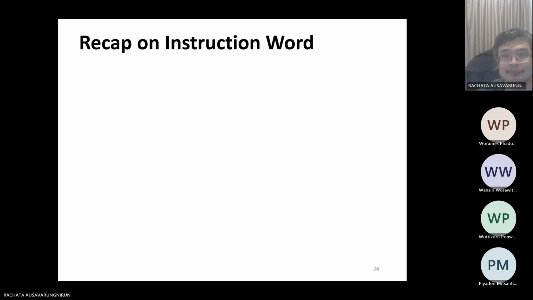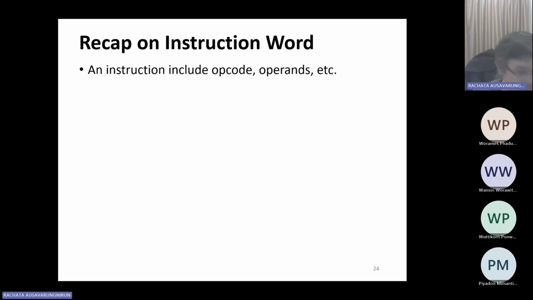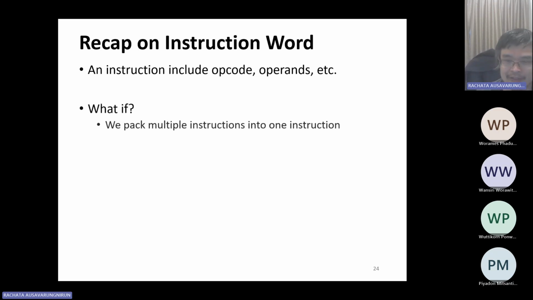All right. And going back to the concept of an instruction word, an instruction consists of an opcode, operands, and many other things, right? So the thought experiment here is, what if I just pack multiple instructions into one? Instead of having one instruction that does an add, I have one instruction that says two adds, one multiply. What if I can do that?